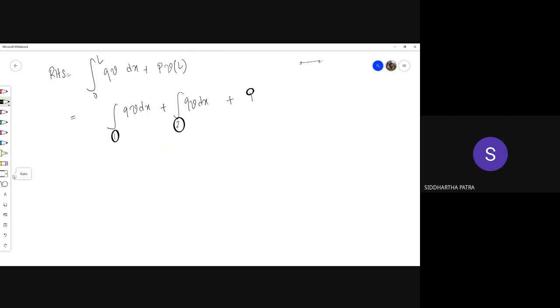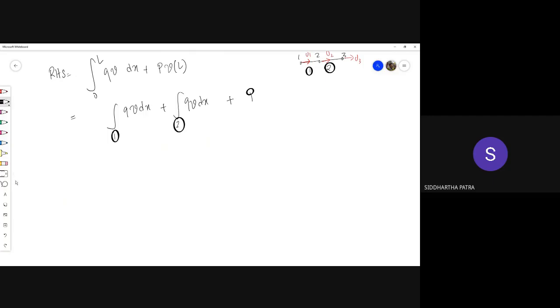But I have taken two linear elements with 3 nodes. So there are u1, u2, and u3 at the 3 nodes. Similarly, there are v1, v2, and v3.